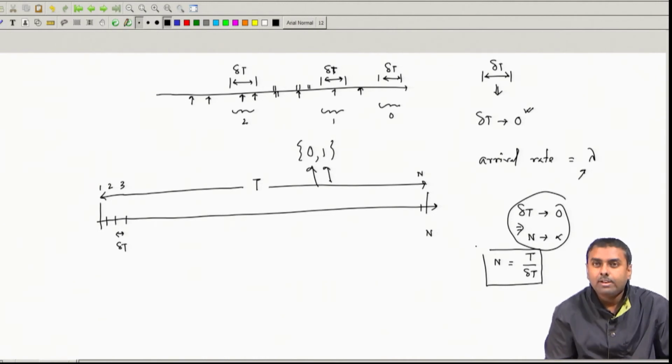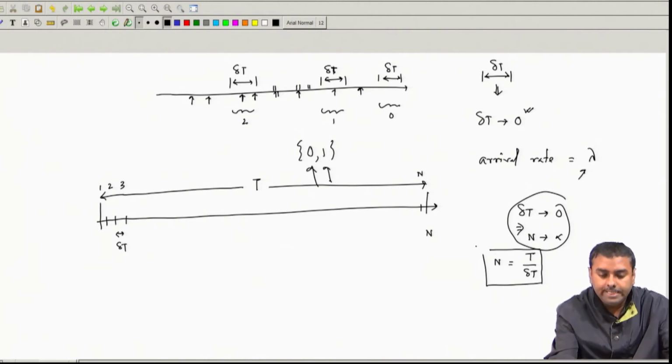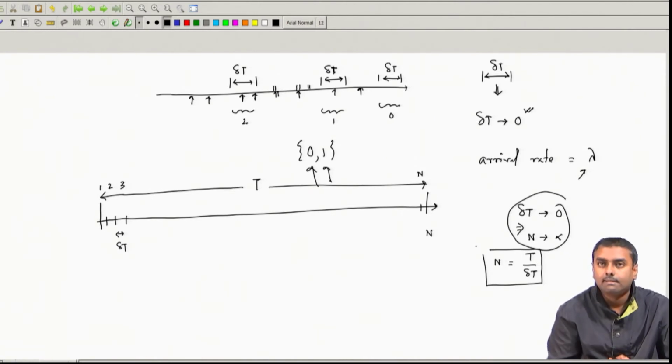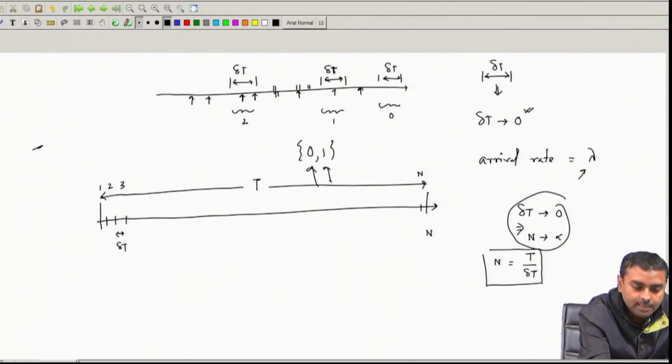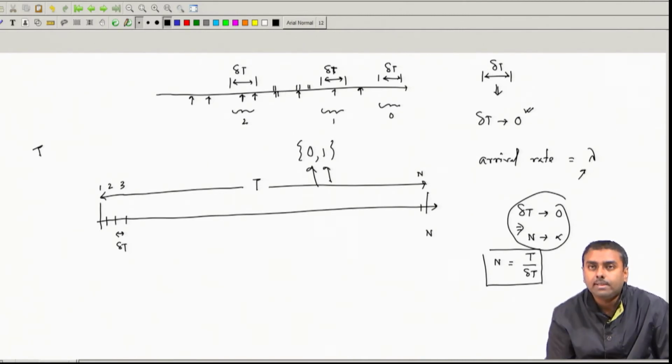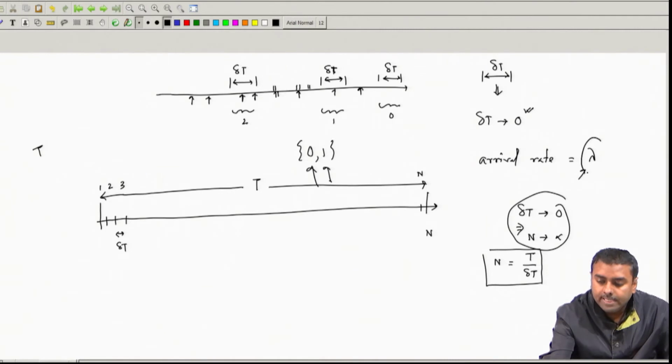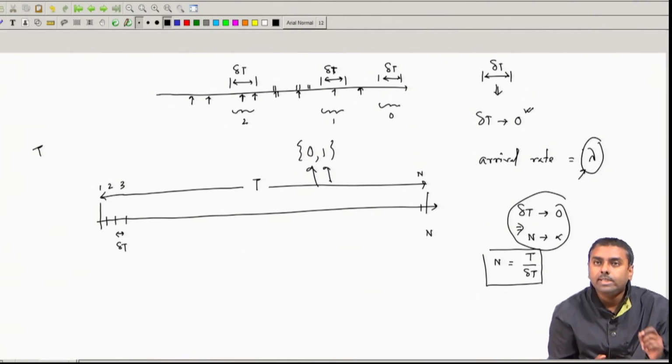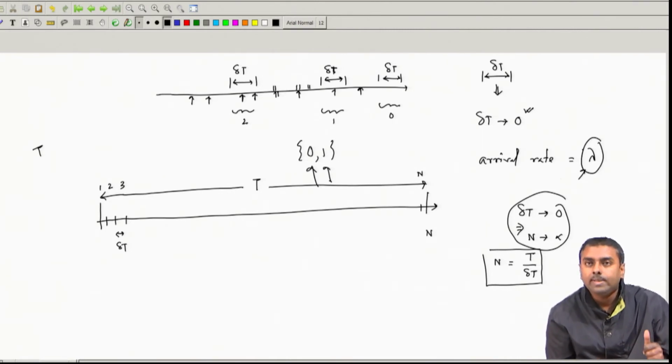Now, let us try to understand, if T is sufficiently large, then within this time capital T, how many arrivals will be happening? On an average, lambda arrivals happen per unit time. So, in T time, how many arrivals will be happening?